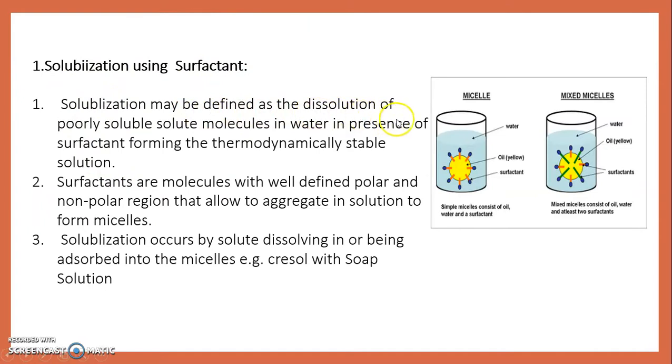Solubilization may be defined as the dissolution of poorly soluble solute molecules in water in the presence of surfactant, forming a thermodynamically stable solution. Surfactants are molecules with well-defined polar and non-polar regions that allow them to aggregate in solution and form micelles. Solubilization occurs by the solute dissolving in or being absorbed into the micelles, for example cresol with soap solution. This is the example of that.